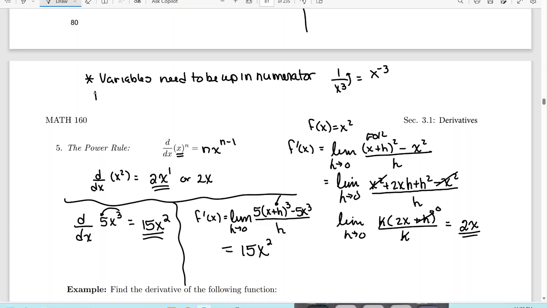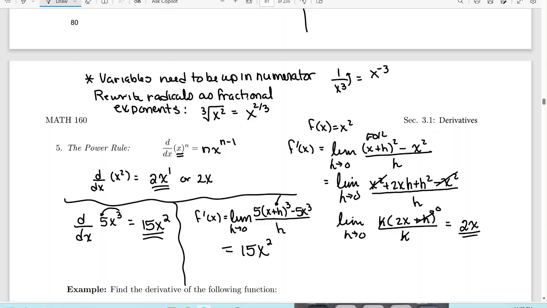The other thing is to rewrite radicals as fractional exponents. Again, the power rule requires powers, not radicals. So if I have, for example, the cube root of x squared, and I want to take the derivative of that, the first thing I want to do is rewrite it as a power before I take the derivative.